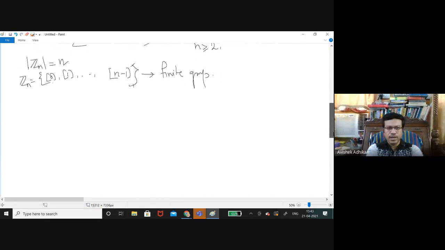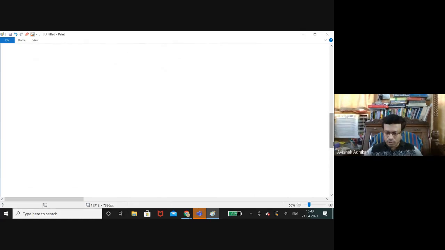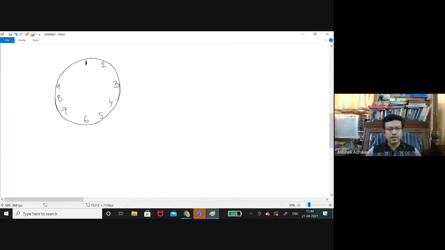Now let us have a look at this. All of you know about a clock. The normal clock that we usually wear, not the electronic one. It starts with, say, 1, 2, 3, 4, 5, 6, 7, 8, 9, 10, 11, sorry, it should be 12, and 1 comes here somewhere.